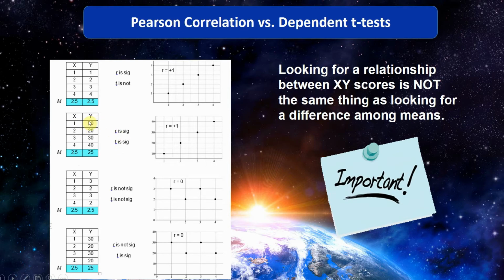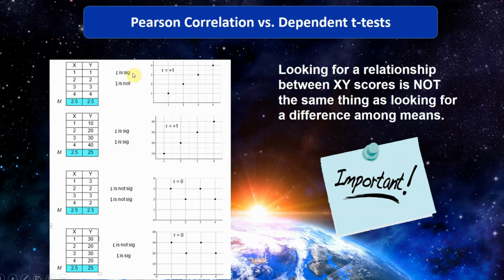But if you look at the correlation, what would you find? Well, once again, we see that the points here would all fall on the same line, so we get a perfect correlation, and so R would be significant. So right away, we're beginning to see that one test tells you nothing about the other test.